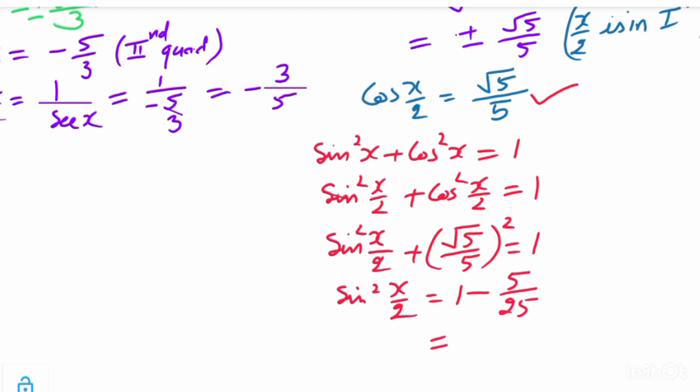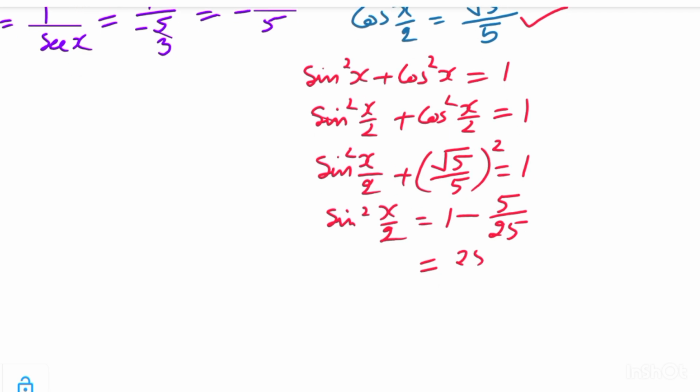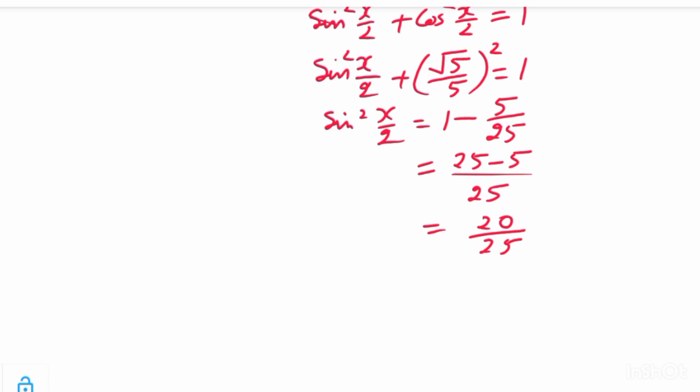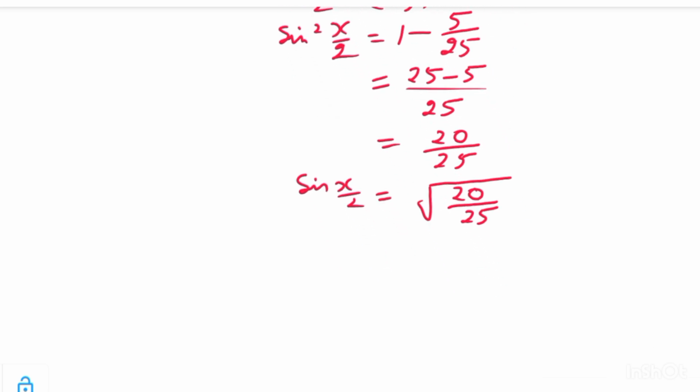And on taking LCM we will get sine square x by 2 is equal to 25 minus 5 divided by 25, and this will be equal to 20 upon 25, and sine x by 2 will be equal to square root of 20 upon 25, and this is equal to square root of 20 upon 5, right?